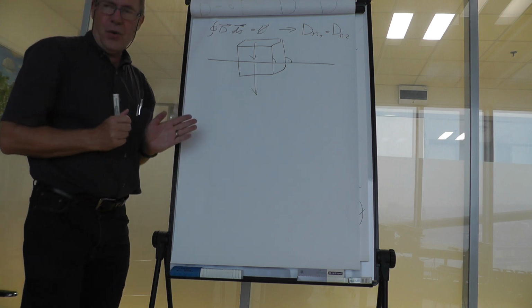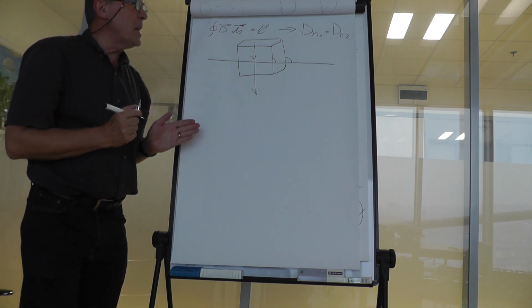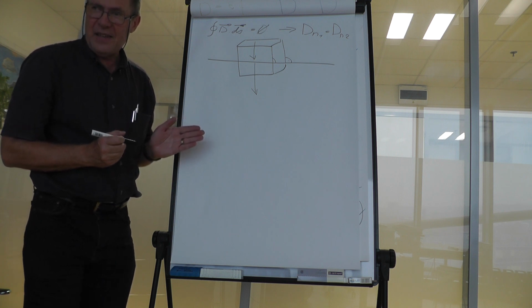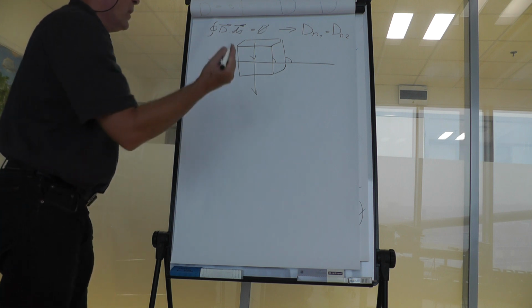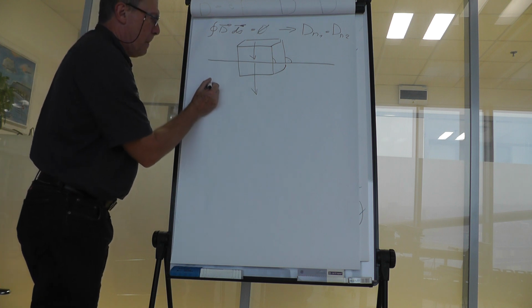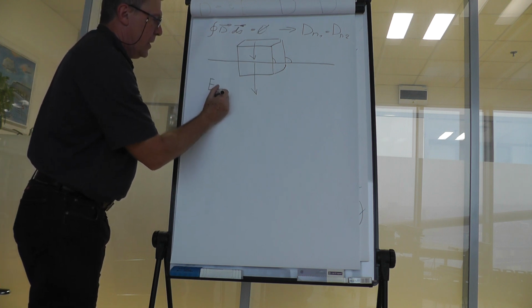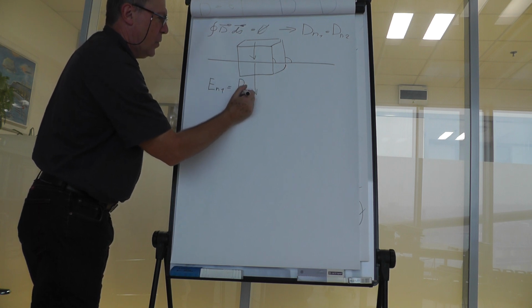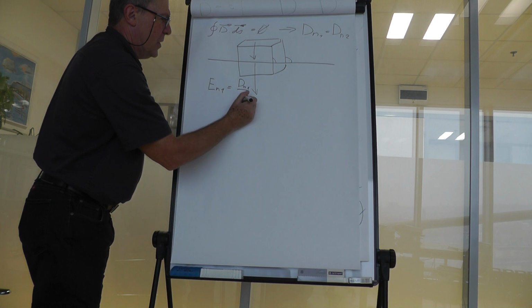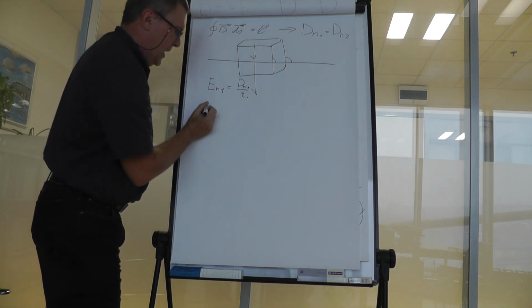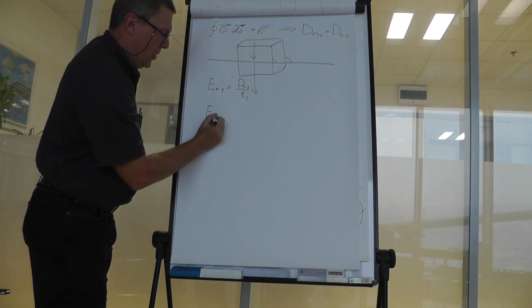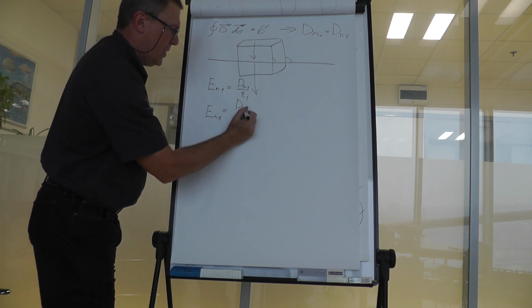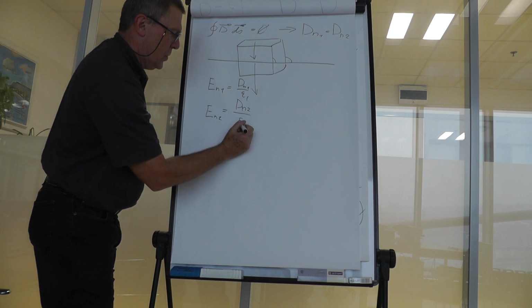If this is true, we could also establish an equation for the electric field strength, for the normal component. We would have E normal 1 as D normal 1 over epsilon 1 and E normal 2 as D normal 2 over epsilon 2.